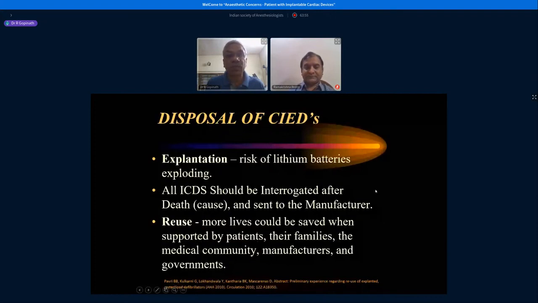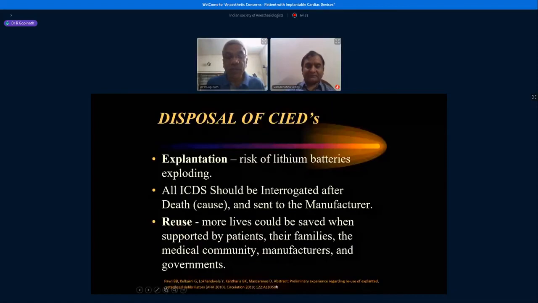More important, pacemakers are a very expensive proposition, so there is a small move to reuse them, so that more lives could be saved, supported by patients, families, the medical community, manufacturers, and the government.